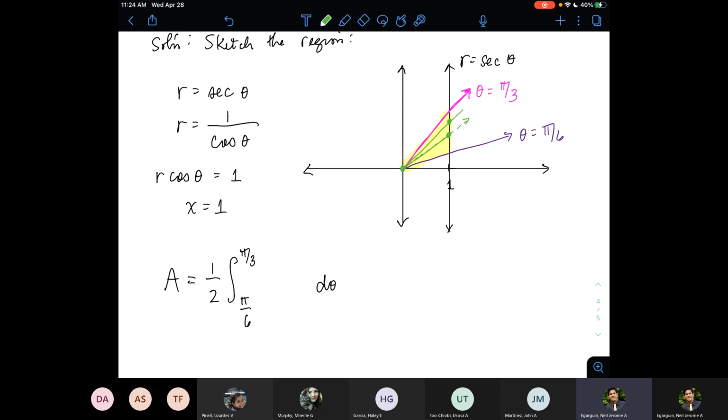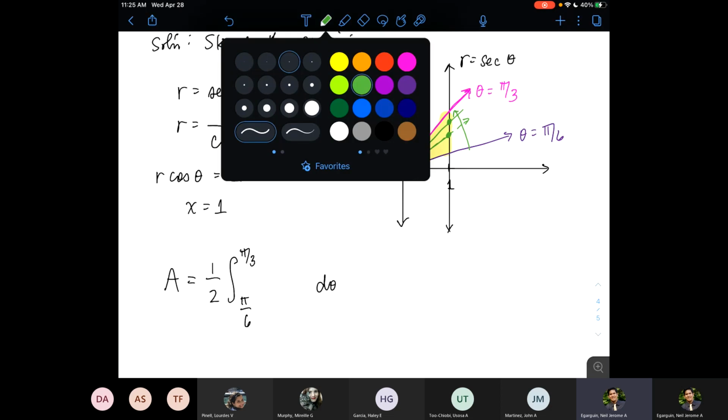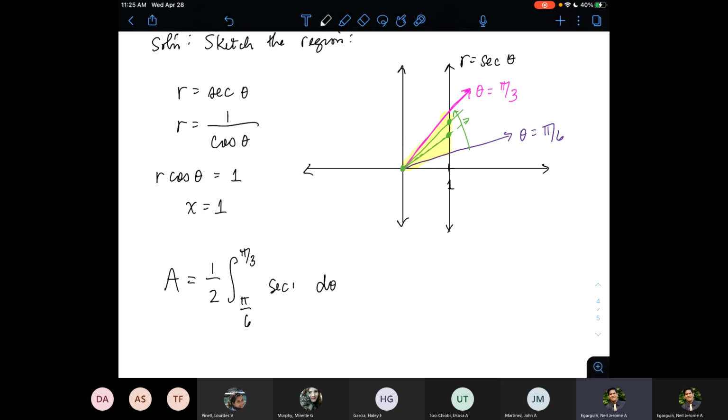And imagine the green ray being transported between pi over 6 and pi over 3. You will know that the radius will always lie on the vertical line. That's why I know that from pi over 6 to pi over 3, I should integrate r equals secant theta, right? So that's why I know that here my integrand would be secant theta. But remember, we're doing the integration in polar coordinates. You have the radius squared inside your integral. Okay?